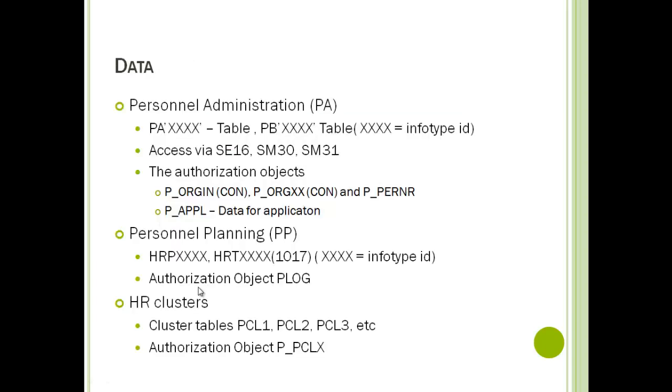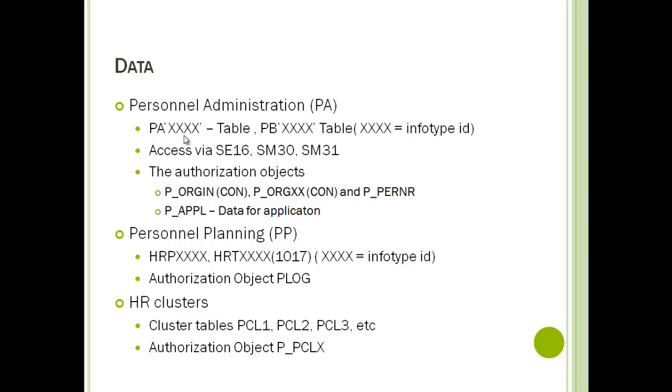First is how the data is being saved. We already know about the infotypes and the submodules of HR. First is personnel administration, PA. The data related to personnel administration for a specific infotype is saved in a table starting with PA and ending with the infotype number.